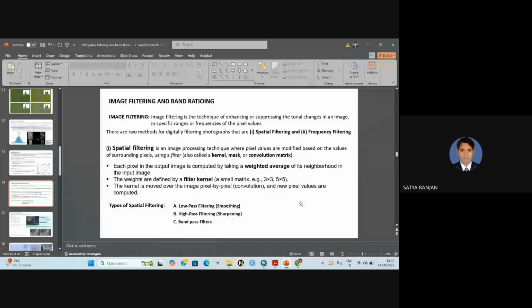Then logarithm stretch. So this is the last nonlinear transformation. It is generally used for images with a narrow range of dark pixels. It expands the dark areas while compressing the bright areas.